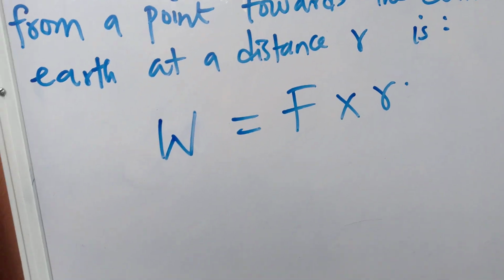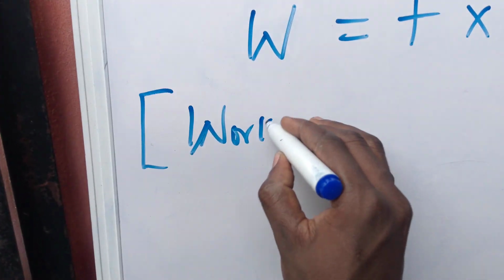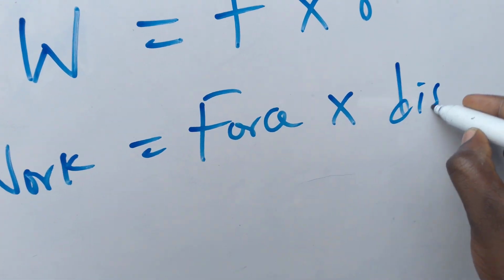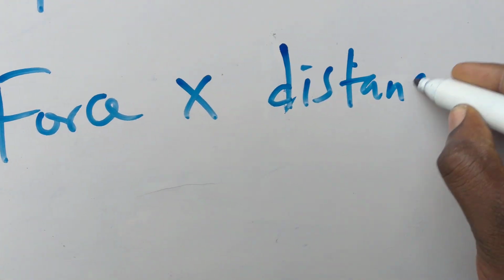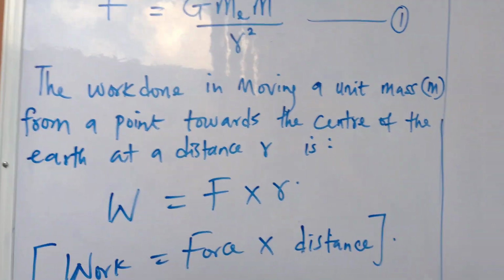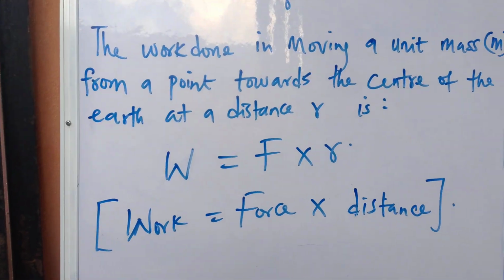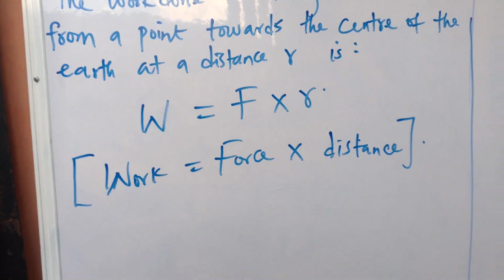Okay, so we know that work is force times distance. Work is force times distance. So the work done in moving a unit mass m from a point towards the center of the Earth at a distance r is given as W equals F times r. I know that work is force times distance.